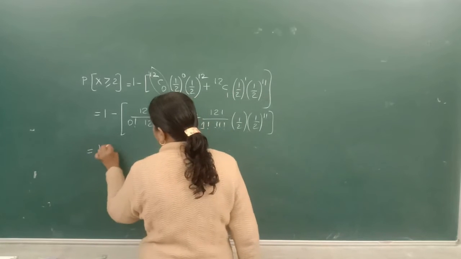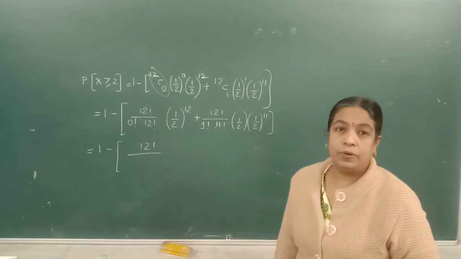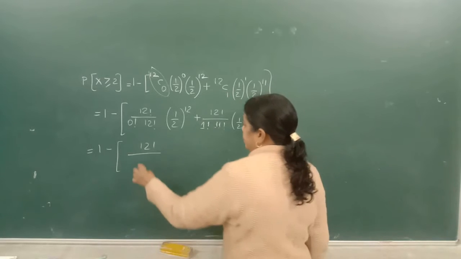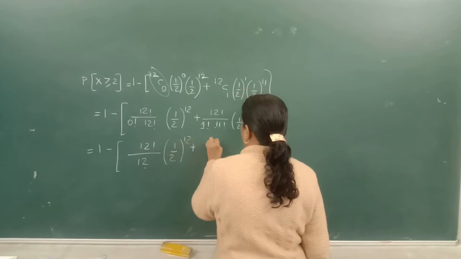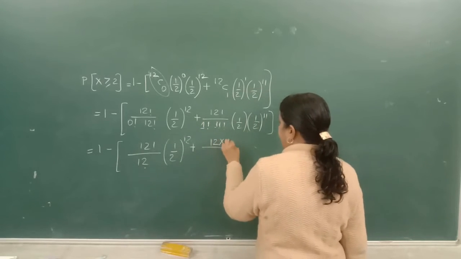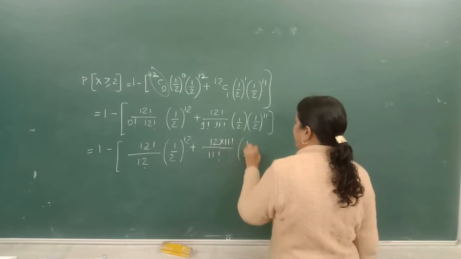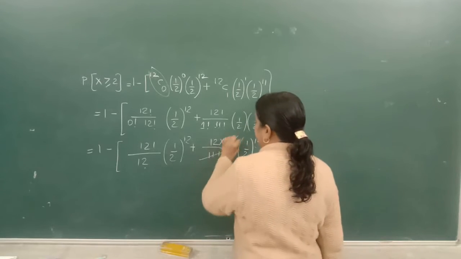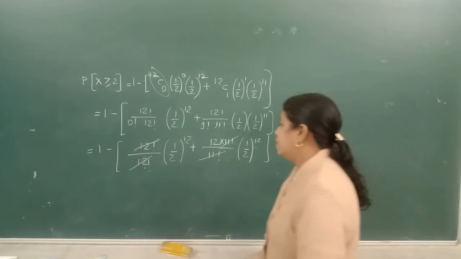Now 1 minus 12 factorial upon 0 factorial, you know that the value of 0 factorial we always take as 1. Last year the proof was also there. Upon 12 factorial, plus 12 factorial upon 1 factorial into 11 factorial, so how can you write? 12 into 11 factorial, 1 has no meaning, 11 factorial, 1 by 2 to the power 11 plus 1, that is 12. This gets cancelled, this gets cancelled. Now what remains here?